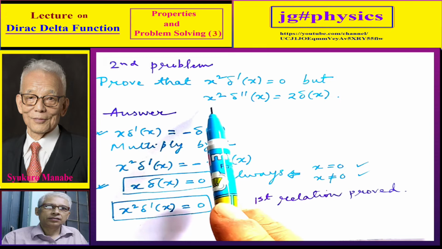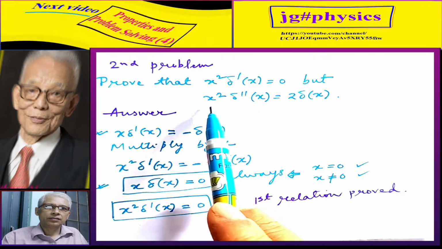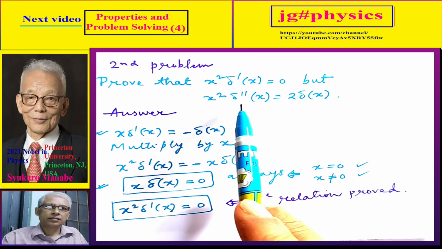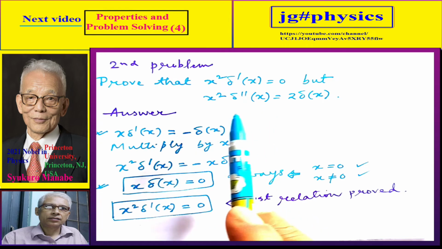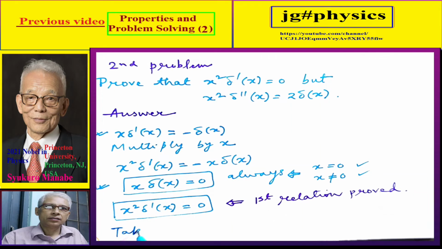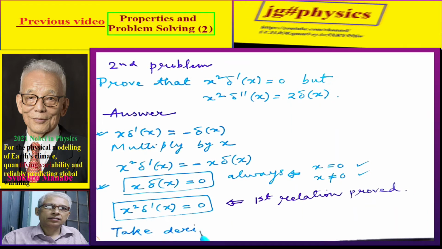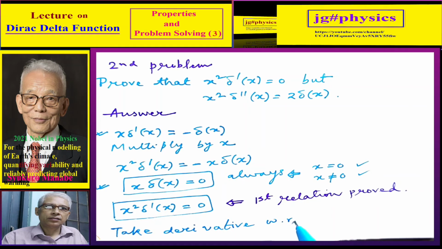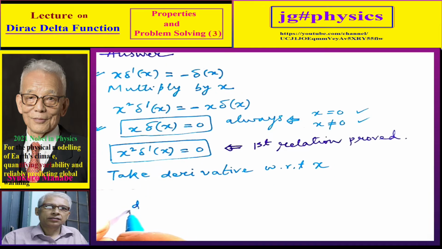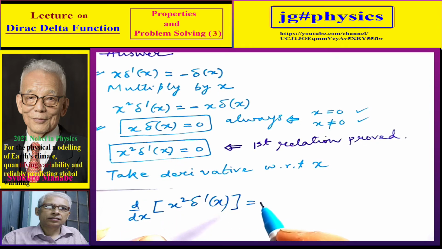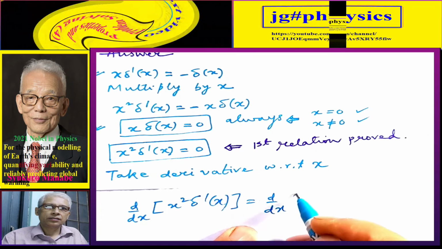Now the left hand side of the second relation is x square delta double prime of x, which means we have to differentiate this relation x square delta prime of x. So we take derivative with respect to x to get d dx of x square delta prime of x equals d dx of 0, which is 0.